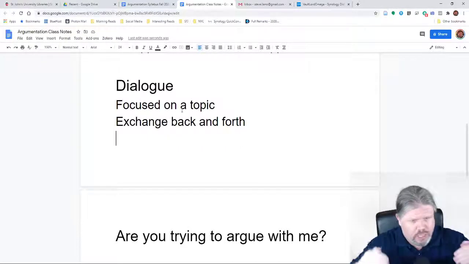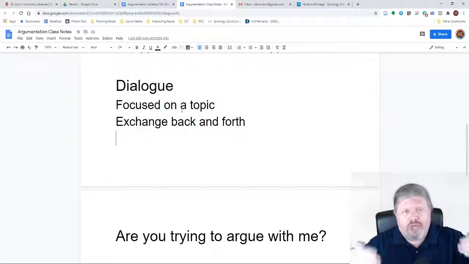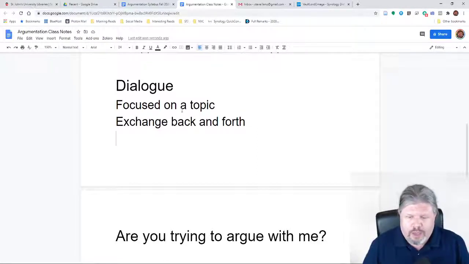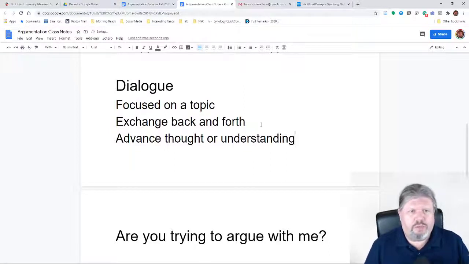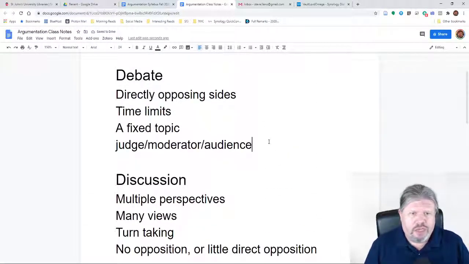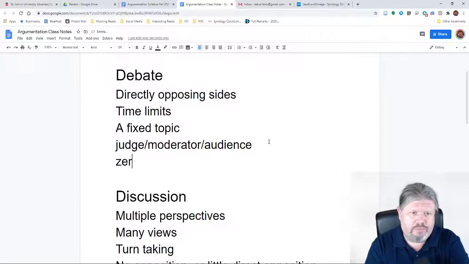For example, right now there are a lot of dialogues being proposed and hosted about Black Lives Matter and police violence and things like that. We're going to engage these ideas in order to advance thought or understanding, as opposed to the way that debate is traditionally thought about, which is zero sum, which means there's a winner and a loser.